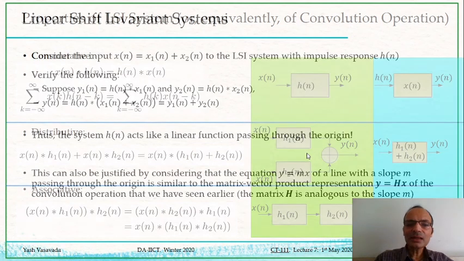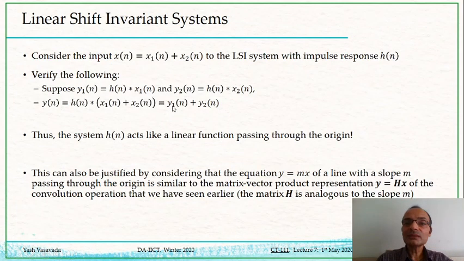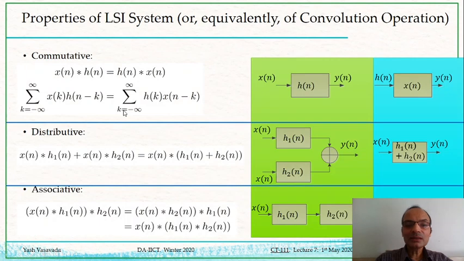This is kind of the same as the property here, except here we were adding the inputs and then passing the added input through the system. In the second property, we are adding the system impulse responses instead of adding the inputs.